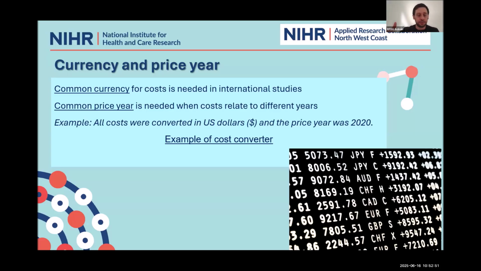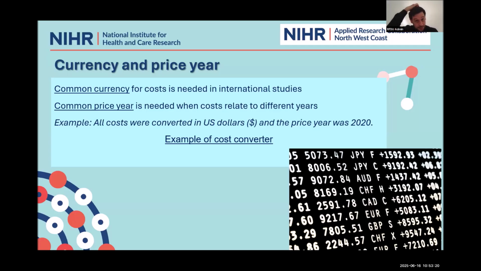There might be some consultation with the GP which occurred in 2024, so the related cost was, of course, reported with 2024 prices. So at the end of the day, all these different costs accrued in different years will have to be converted onto a common price year. And that's something that, again, the authors will have to decide on and report explicitly in the paper.